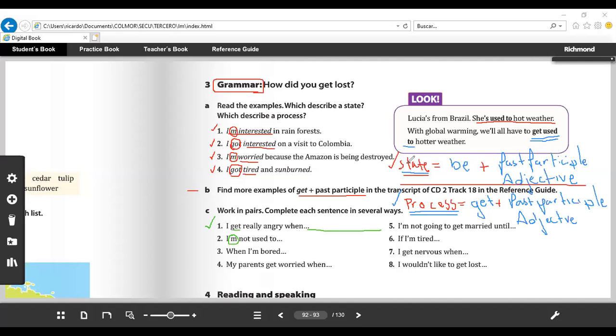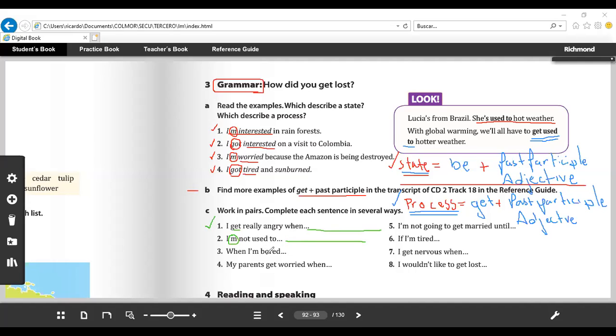See, this is a state, because before we had the opportunity to go to school, go outside, see friends, go to the mall, go shopping. But now we have to stay in the house. So, I'm not used to staying in the house all day. That is another example. You can think of other examples in your house. I'm just giving you my ideas.